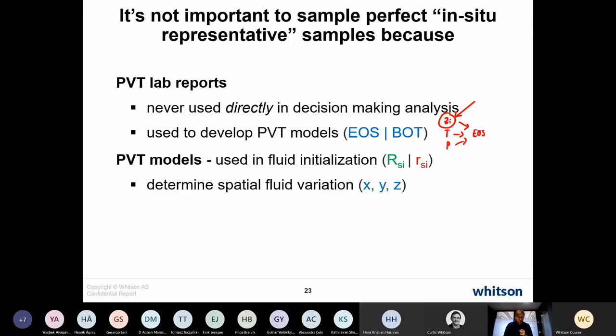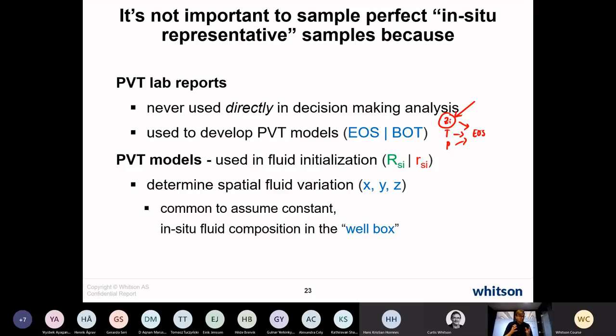and that's what we call fluid initialization of a reservoir model. And for all practical purposes, and we already talked about that in relationship with fluid sampling, that's mainly to determine a spatial fluid variation. That's where, for instance, these MDT tools are very helpful, where you actually get spatial, exact compositional points in space.